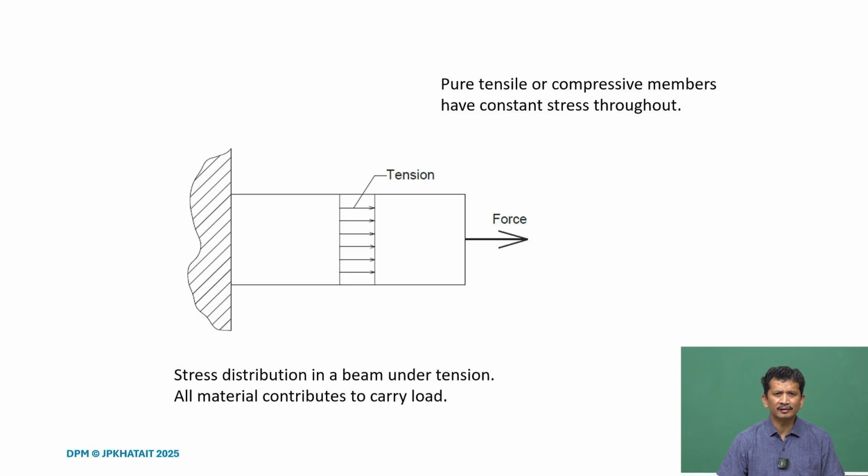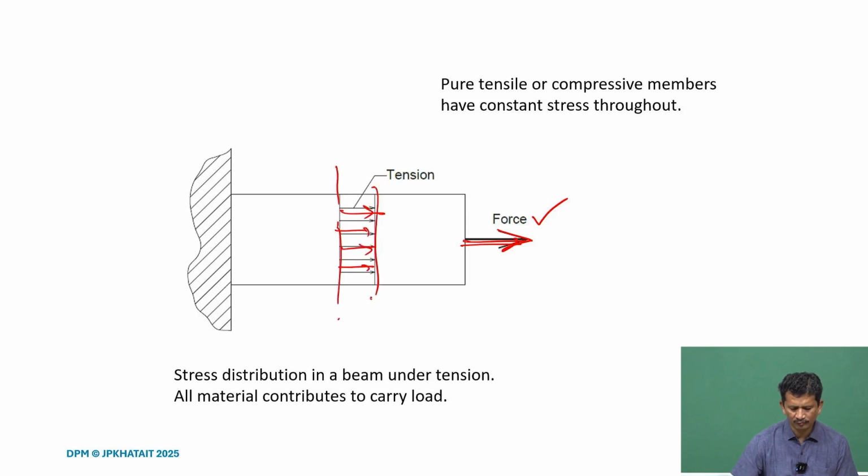On the other hand, if the member is in tension or compression, and a longitudinal force is applied, this is the stress distribution here. It will be tensile in nature in this case, and if it is compressive, it will be a compressive load.